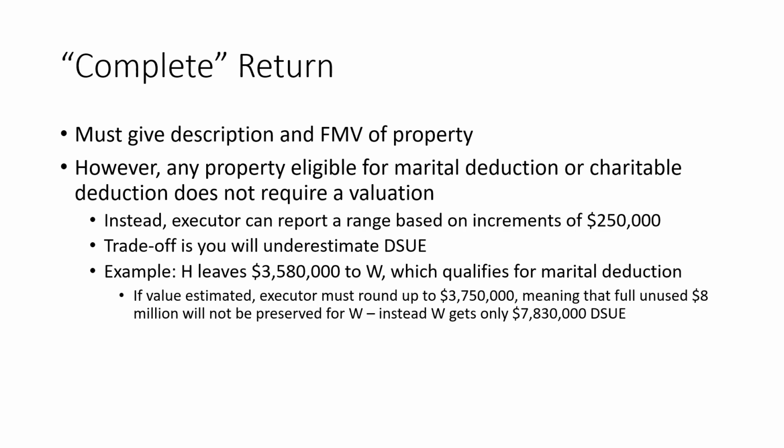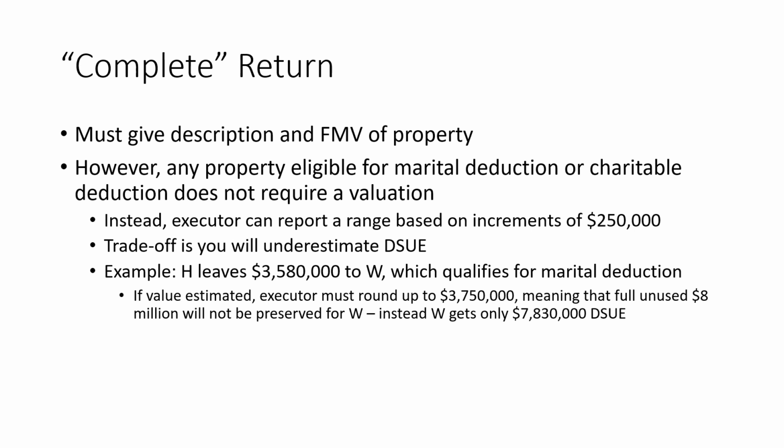So what is a complete return? Well, usually you have to give a full description of the property on the appropriate schedules, and you have to substantiate the fair market value of the property either on the date of death or, if elected, on the alternate valuation date. Now, because you have to have a taxable estate for the alternate valuation date, you're practically never going to use it on a portability return.